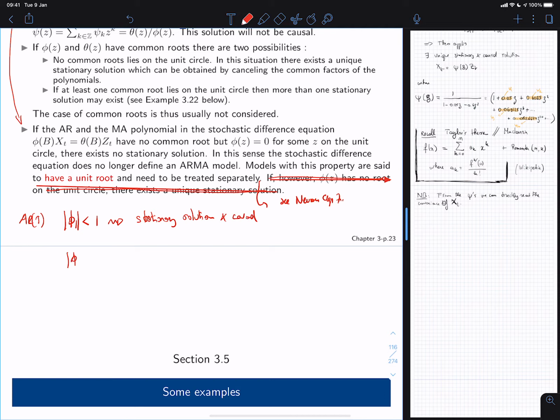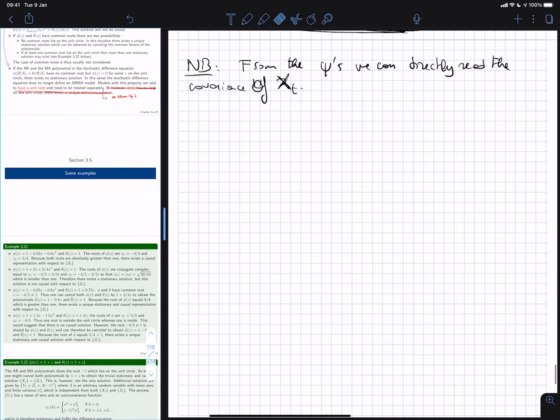If phi1 was equal to 1, then there was no stationary solution. Sorry, I'm not being careful. I'll do this better. Here.